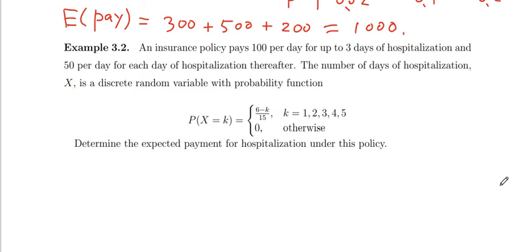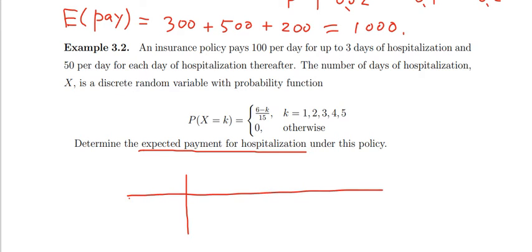Okay, so let's check this problem. We want to find the expected payment for hospitalization under the policy. So what is the payment? The payment is $100 per day up to 3 days.